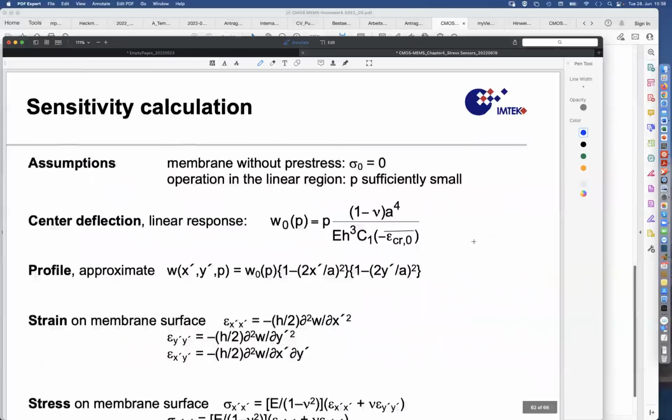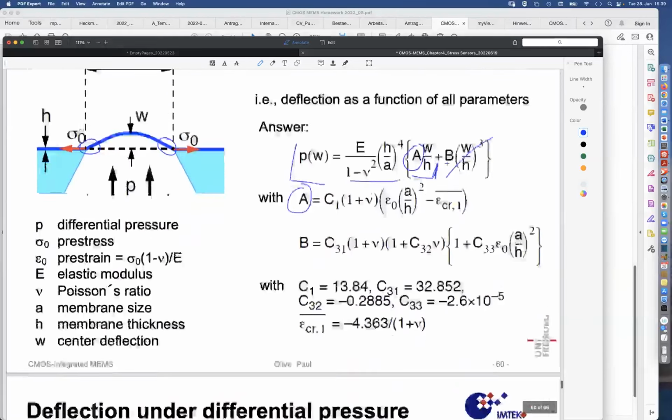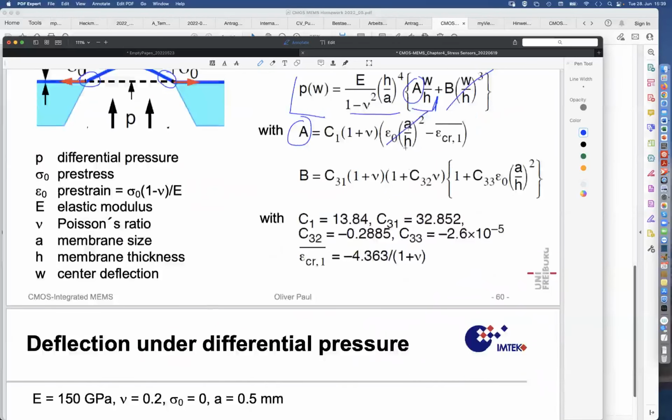This equation, under the additional assumption that there is no pre-stress in the membrane. So sigma 0 is 0, which also means that epsilon is 0. And so this term is gone, and we have this epsilon 1 critical. I don't know why I wrote 1 here. Let's replace that by 0. It makes much more sense because it's about a pre-strain, and here as well.